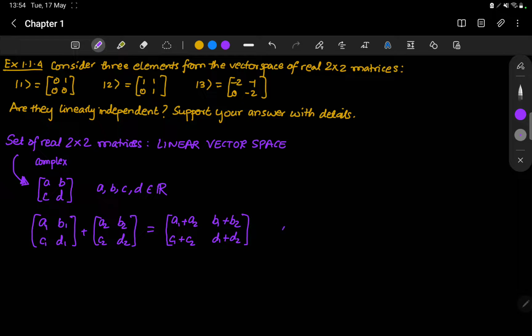Then we also need scalar multiplication. So scalar multiplication is defined as follows.